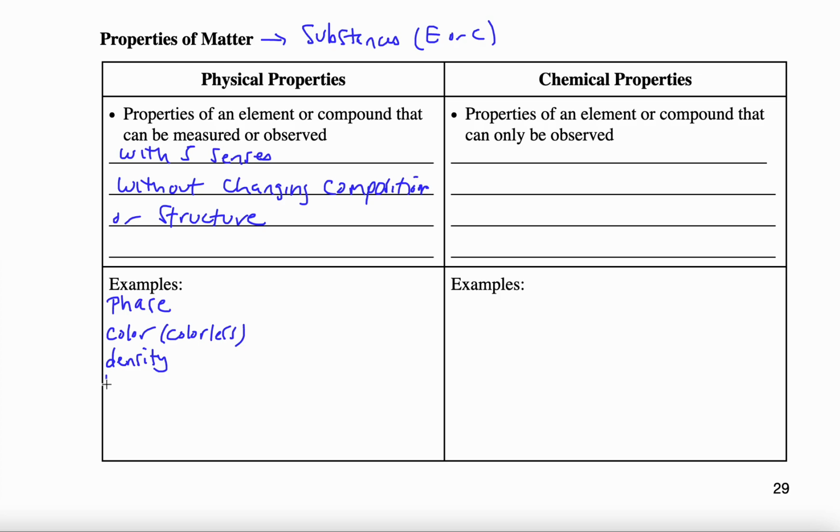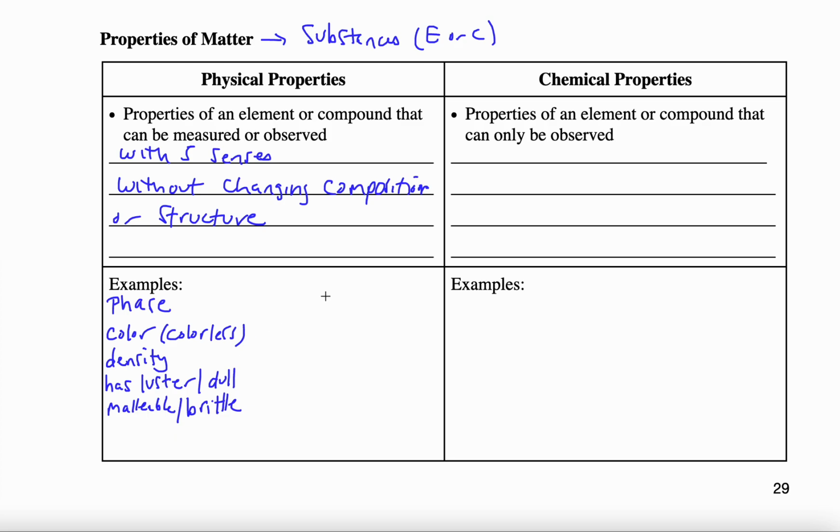We can look and see if it has luster, meaning is it shiny or is it dull? Can we take a hammer and pound this sample into a thin sheet or shape it? So is it malleable? Or when you hit it or put pressure on it, does it crush and crumble? Or is it brittle?